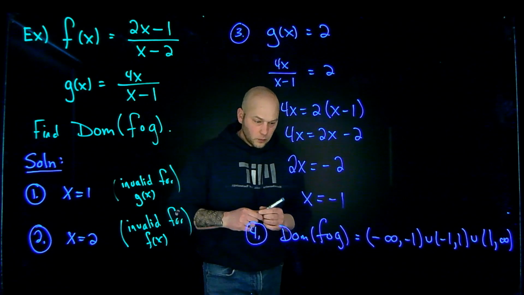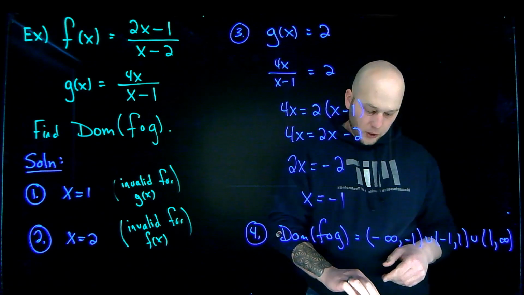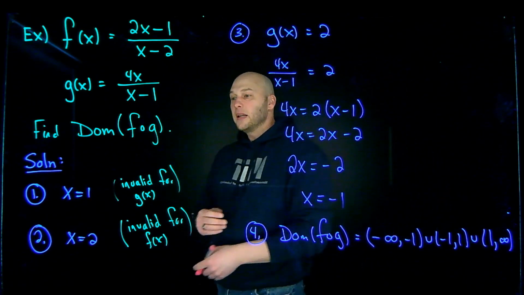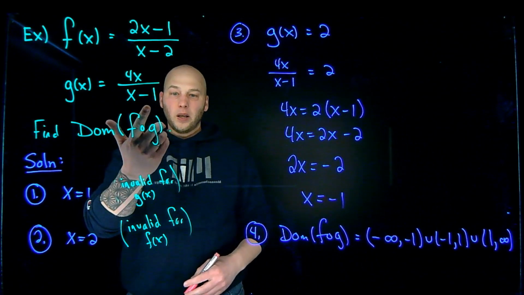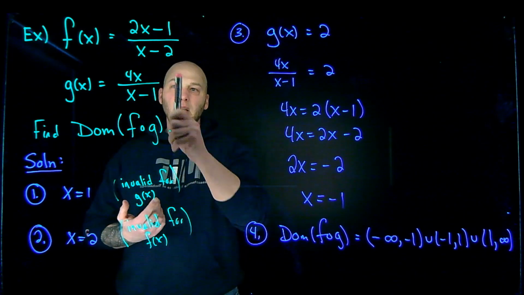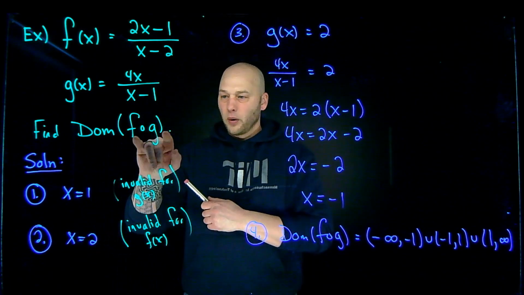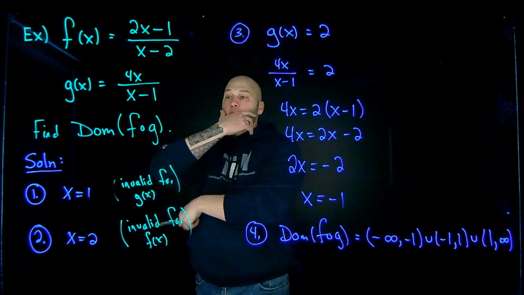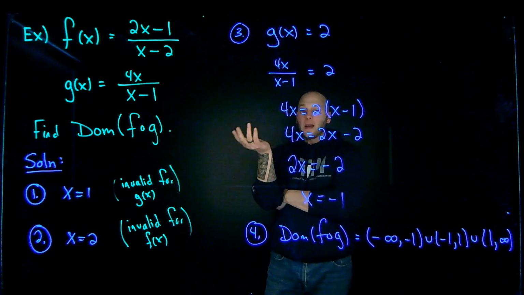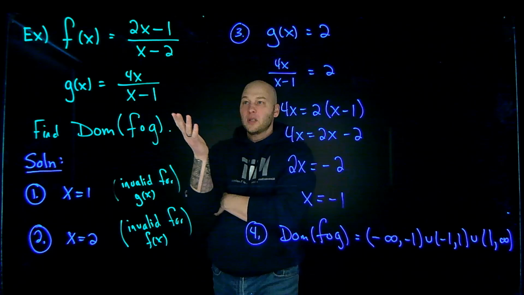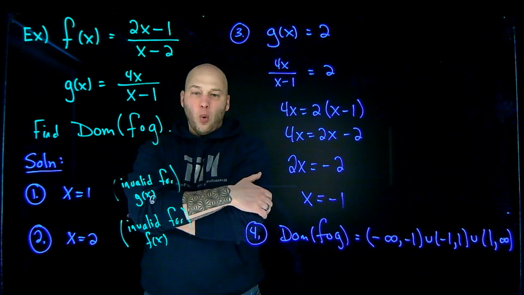Now, when we go back to the original functions, we can clearly see that I can't plug the number 1 in, and we see that there's an issue with the number 2 for the composition. Just eyeballing it, we don't see anywhere where the number negative 1 is a problem.